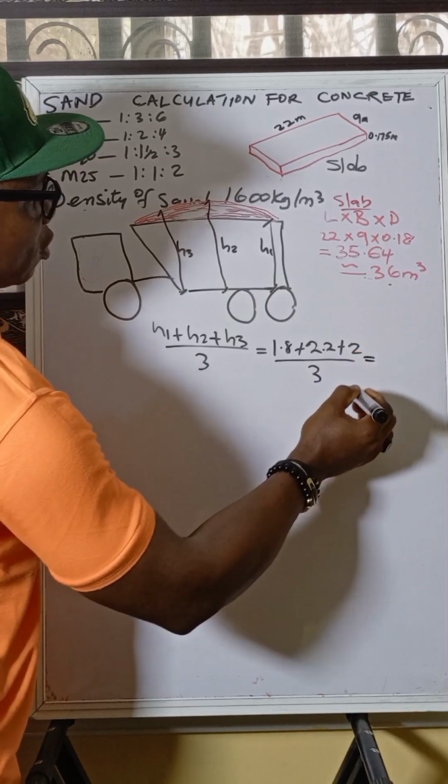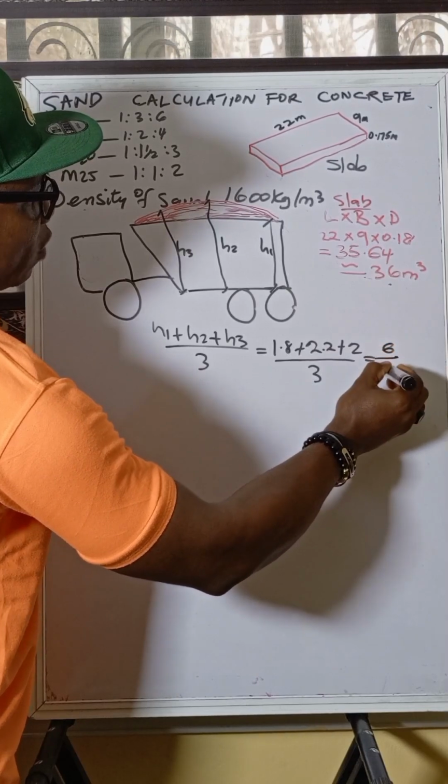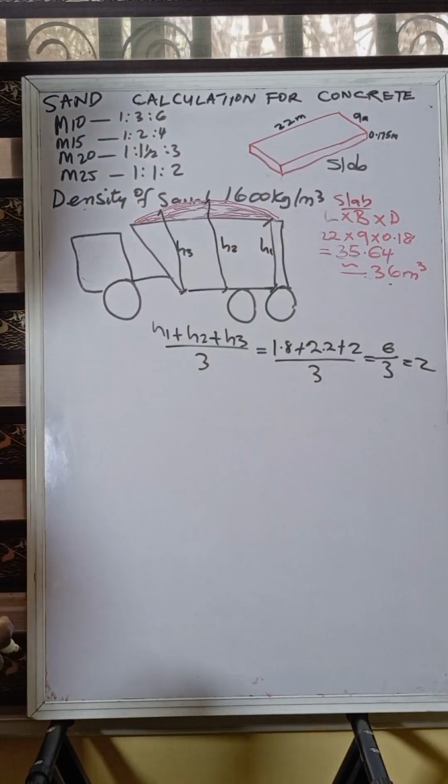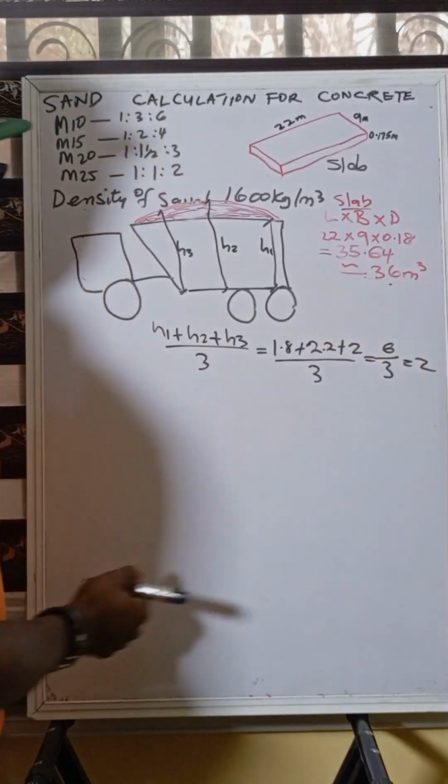This will give us 6 over 3, which is 2. So the height of your material will be 2 meter.